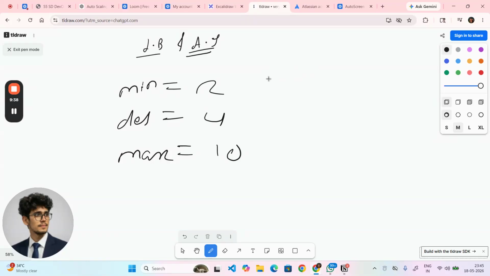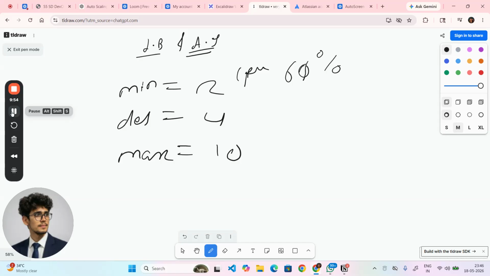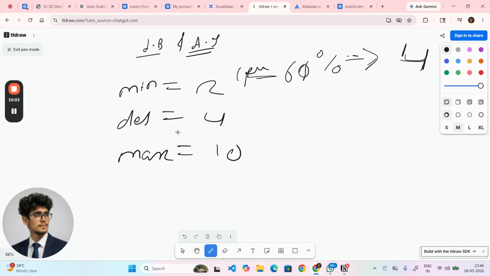Suppose my incoming traffic makes the CPU usage 60 percent, and I am using 4 servers. If it becomes 95 percent, suddenly I will increase by 3 more servers, which means 4 plus 3, 7.